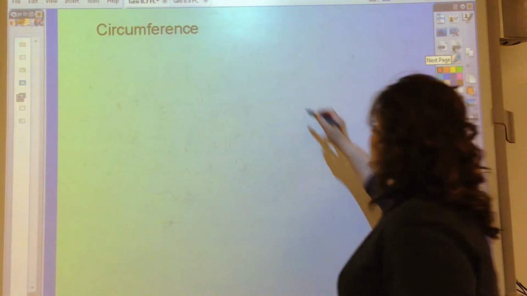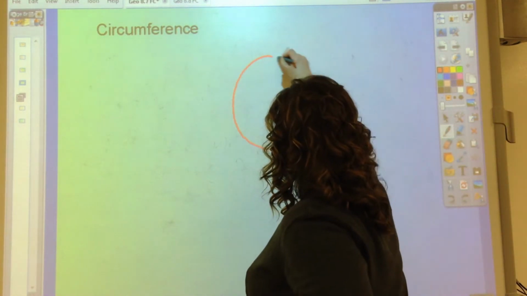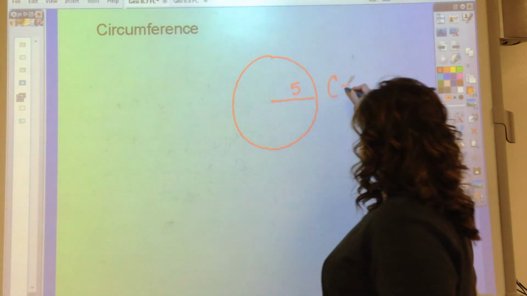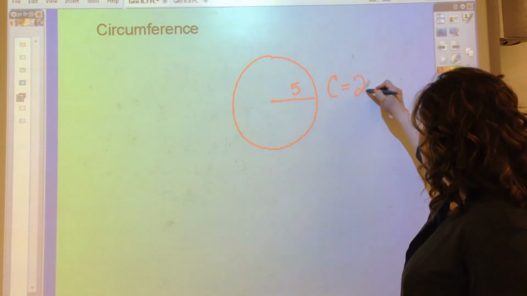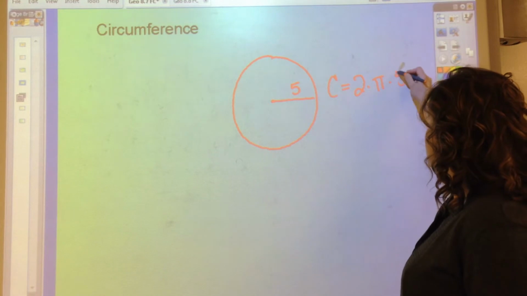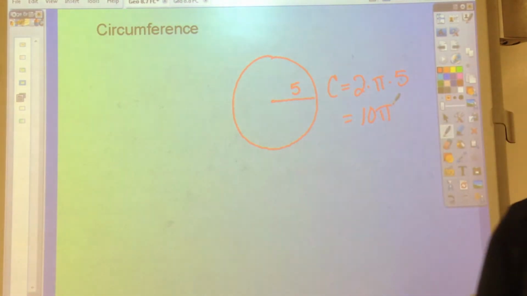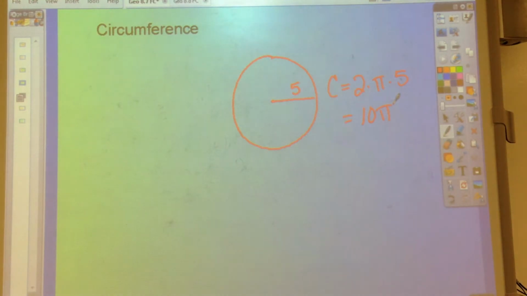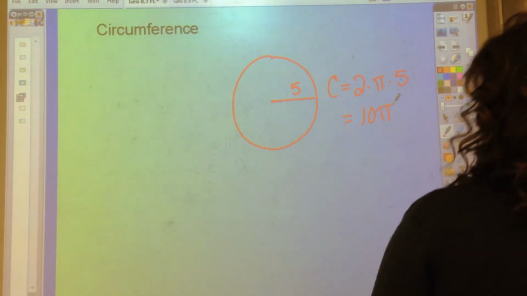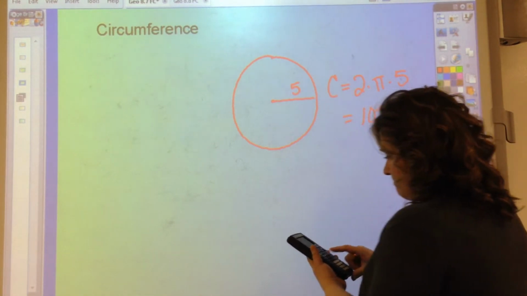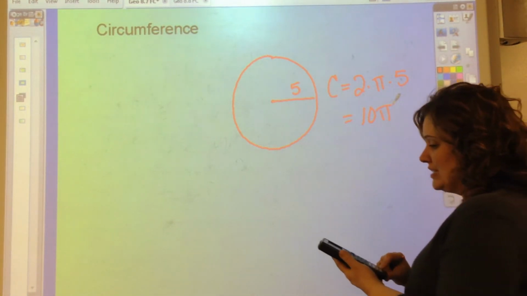So let's find the circumference of a beautiful circle with a radius of 5. My circumference is simply going to be 2 times pi times 5. So I would get 10 pi as my exact solution. My approximate solution is, we're always going to go up to 2 decimal places.